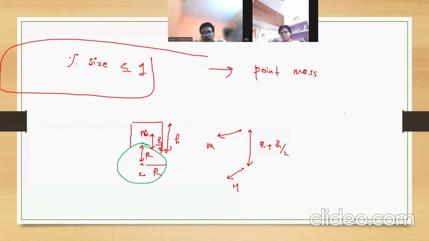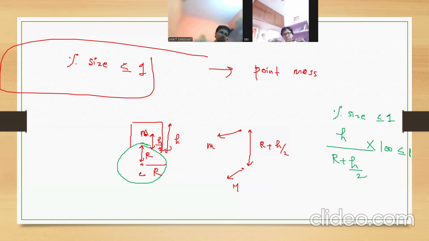The simple condition is that for a point mass, the percentage size must be less than equal to 1. Percentage size is size by separation. Here the size is h, by the separation between centers, R plus h by 2, and for percentage we multiply by 100.